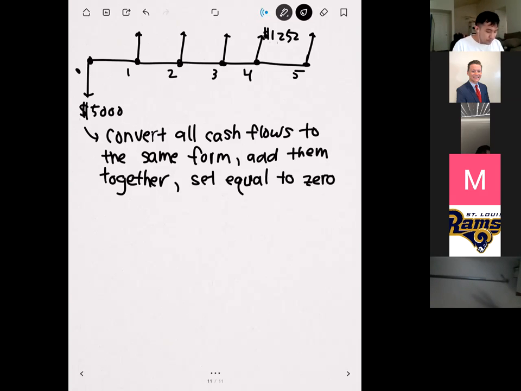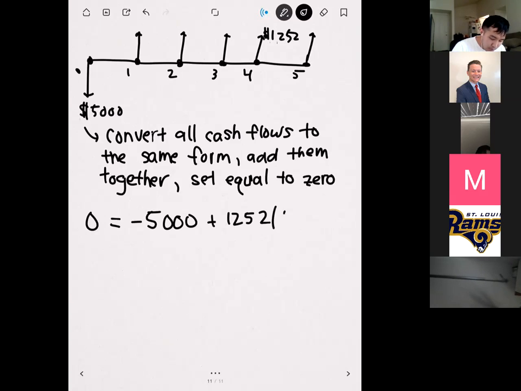Just because it's usually the most convenient, let's convert everything into a present sum. So we'll have 0 on one side of the equation. And then we have a minus 5,000, and that's already in present day form, so we don't have to do anything for that. And then we're going to add 1,252.